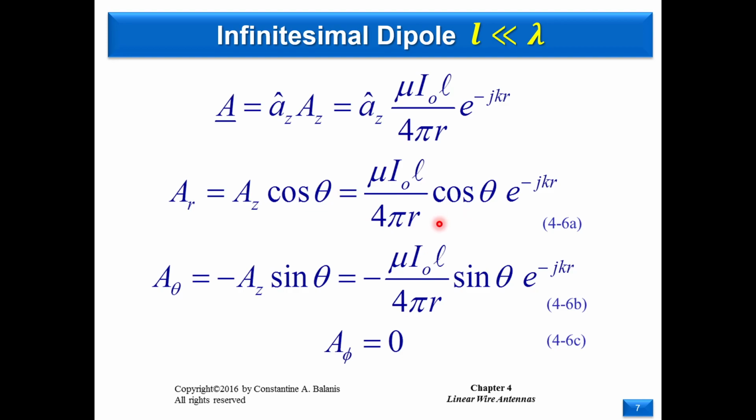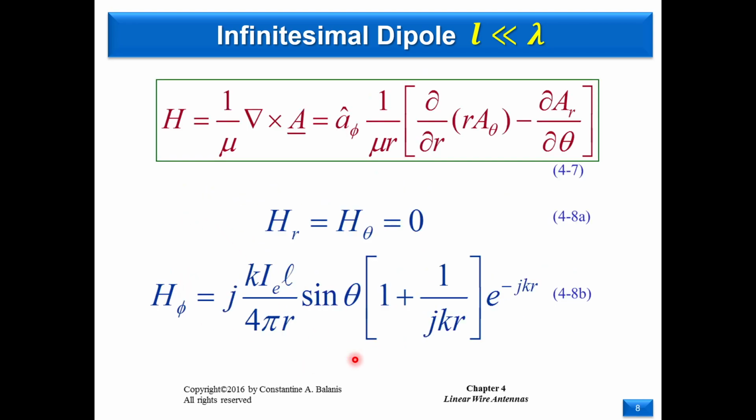This is basic information from vector algebra dealing with different coordinate systems, and as I said in the introductory lecture, we need to be fluent in these topics. And A phi equals 0. So we have the three expressions for AR, A theta, A phi.